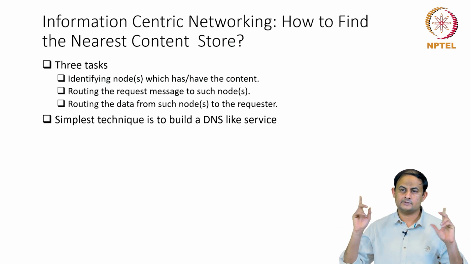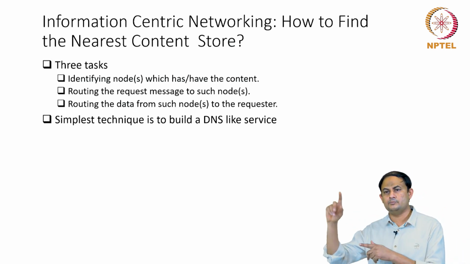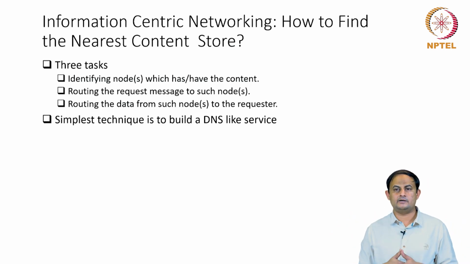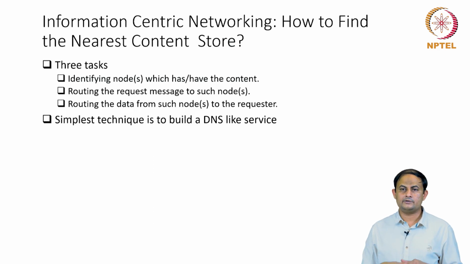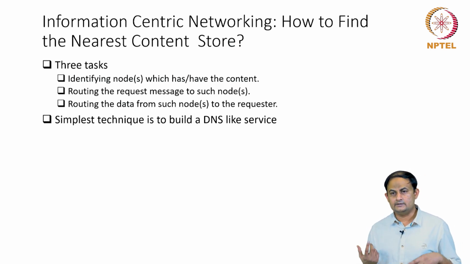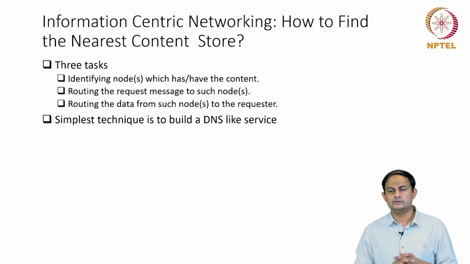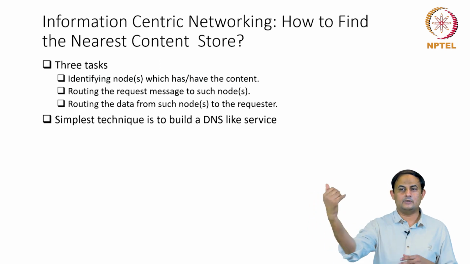Domain names and IP addresses point to one particular host to which you establish a connection and make a request for a particular type of content. What I am referring to here is a service which takes the name as the request, figures out which routers in the network have a copy of that content, and then comes back with an answer.